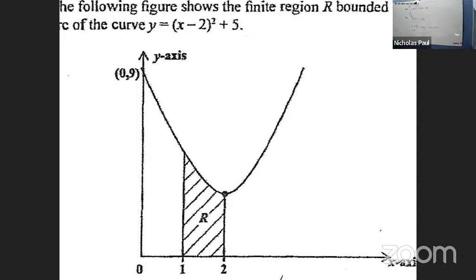All right, the secret is you have to expand this out.